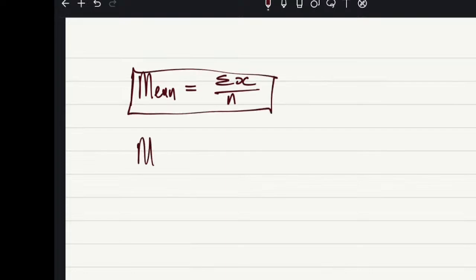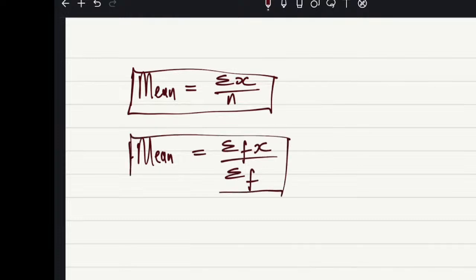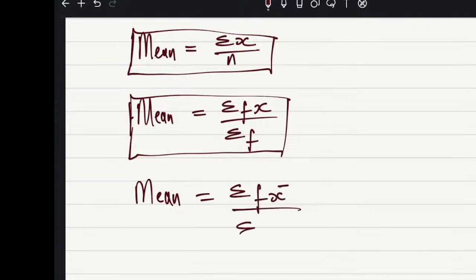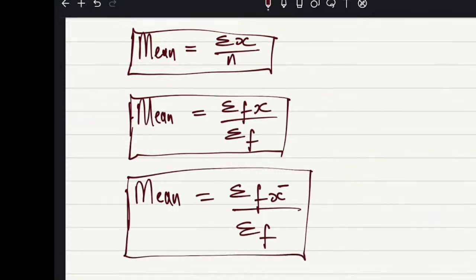Then the second one is mean is going to be equal to sum of fx over the total number of things. That is if you have the x to just multiply by frequency in your table. But if your table is in a range, it's continuous, then you say mean is equal to the summation of f times x bar over the total f. So you should know these 3 ways. Convince your mind. Tell it 1, 2, 3. You're going to use one of these. Done.